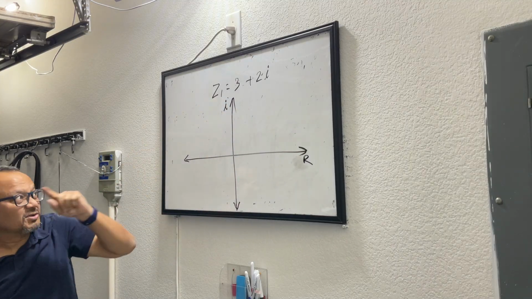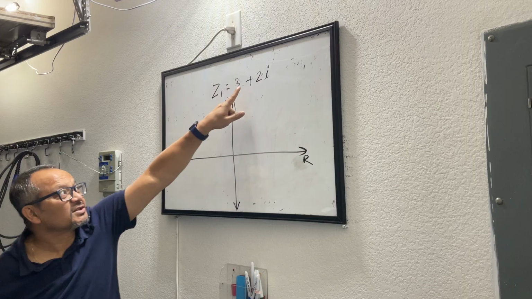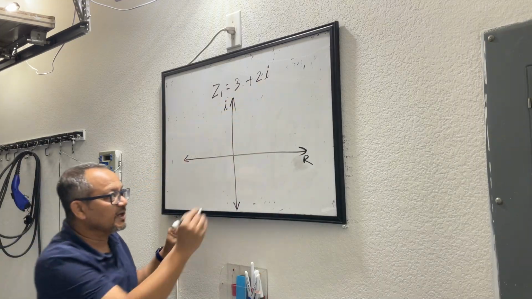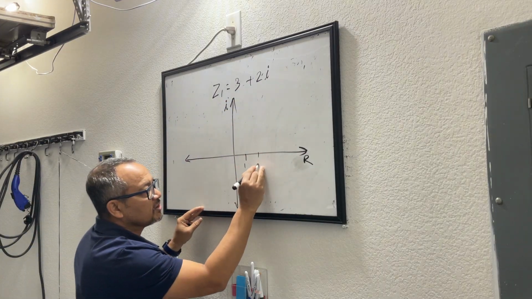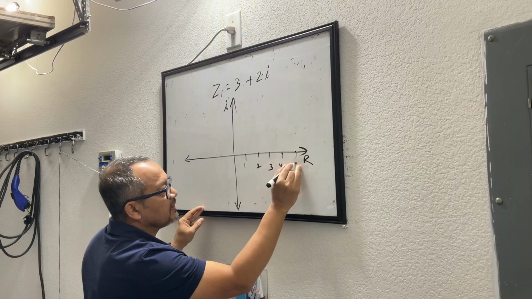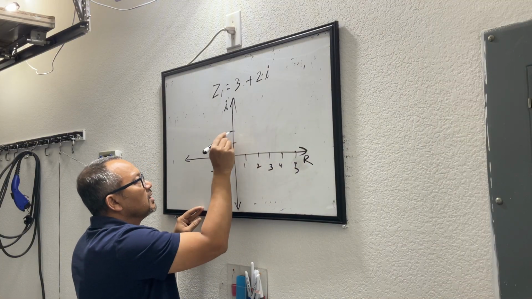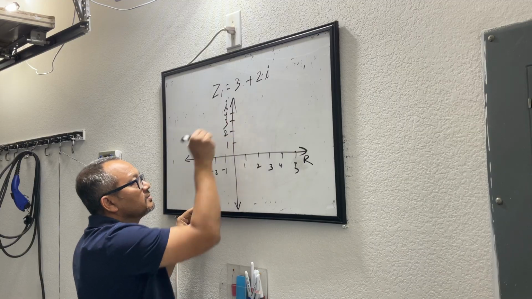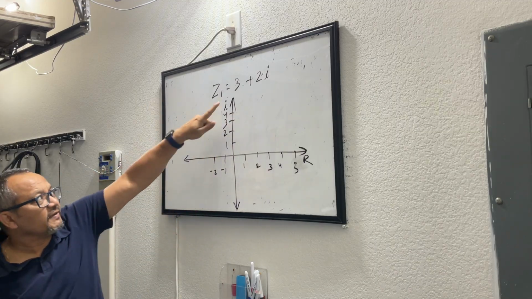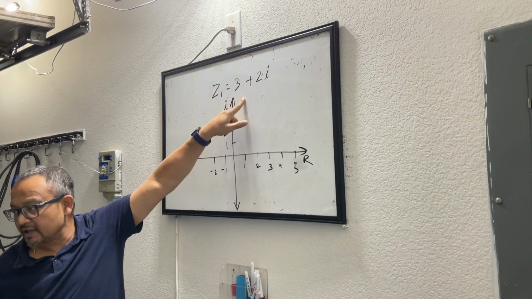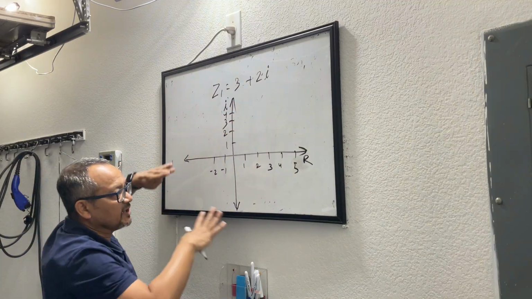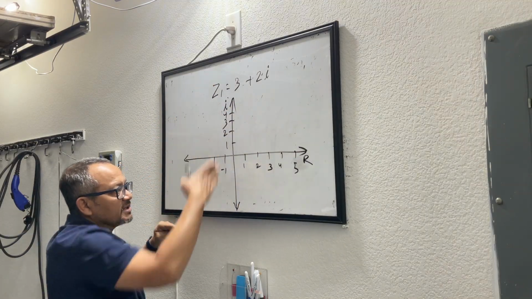So if I am trying to locate this 3 plus 2i in this complex plane, this is, let's say, 1, 2, 3, 4, 5, minus 1, minus 2 and so on, 1, 2, 3, 4. Here I am representing 3 plus 2i in this plane, called the complex plane, where you have a real axis and an imaginary axis.